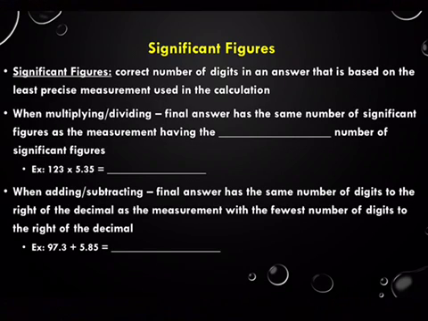Significant figures is a fancy way of reporting answers. This uses the correct number of digits in an answer that is based on the least precise measurement used in a calculation. So when we look at a bunch of numbers, and when we think about ethics and being biased, we want to use the least likely number to be correct.